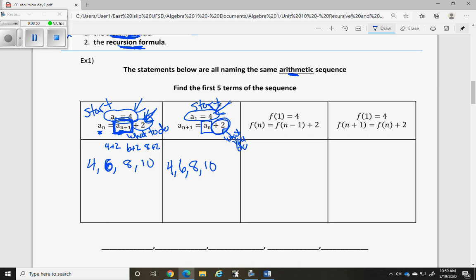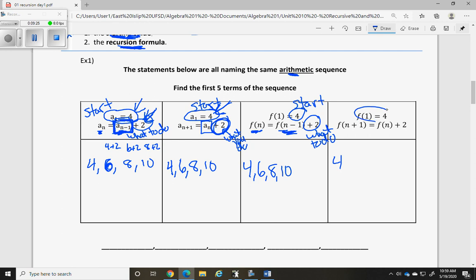This is what you start with. This is what you do. That's how I look at it. I don't let all this crazy junk here mess with my brain. This is what I start with, and this is what I do. I start with a 4, I add on 2, and I keep on doing it because it's recursive. So I don't really have to keep on filling this all in.